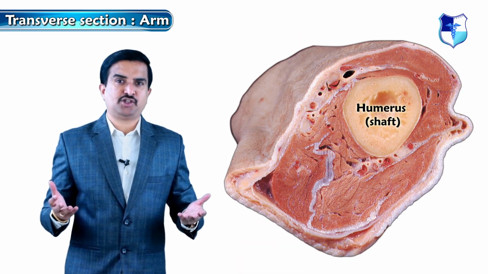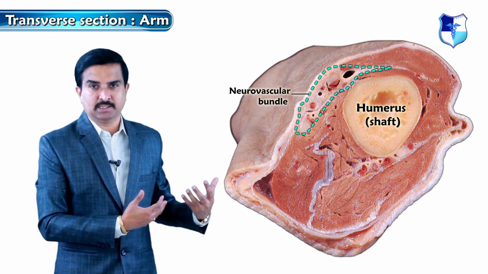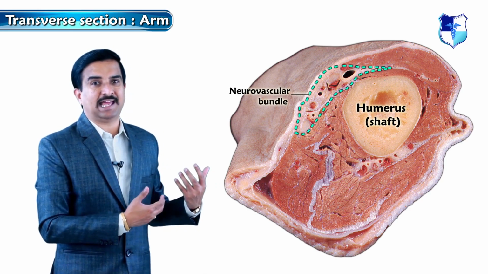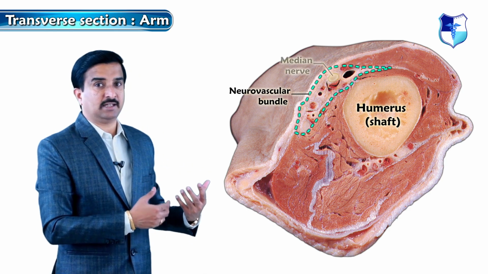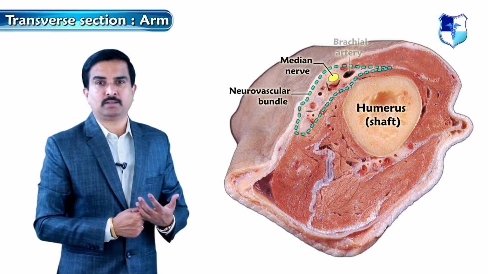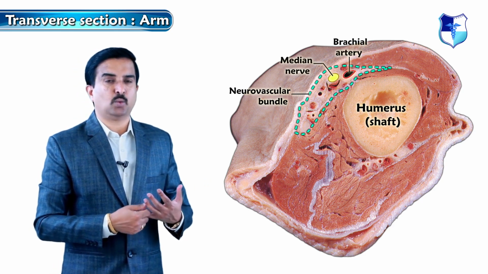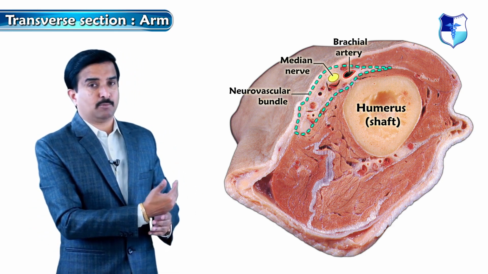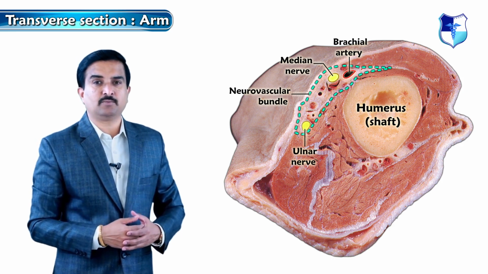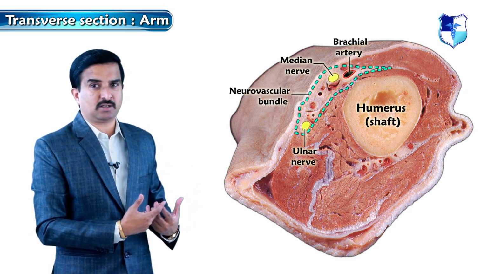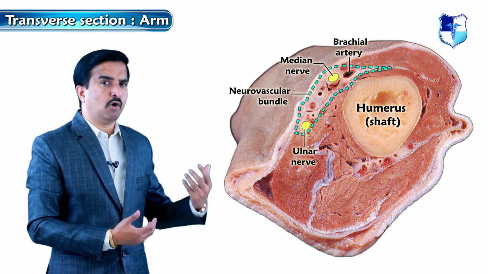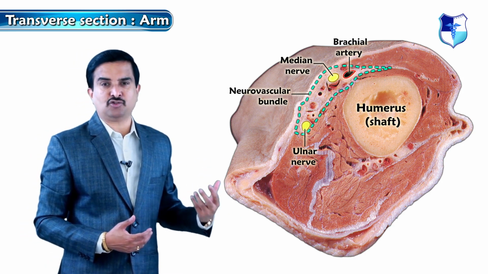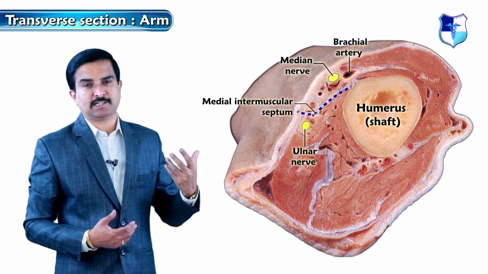We can also appreciate a neurovascular bundle on the anteromedial aspect, which contains the median nerve along with the brachial artery and veins. And more medially, we can also appreciate the most important nerve, the ulnar nerve, which is well demonstrated in this picture and lies on the most medial aspect, just behind the intermuscular septum.